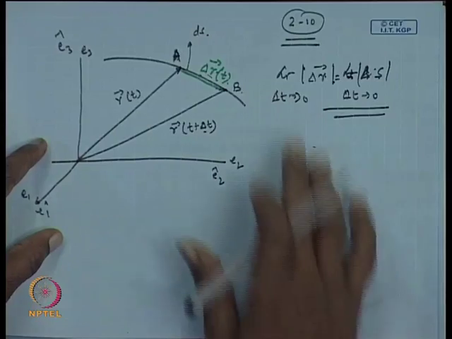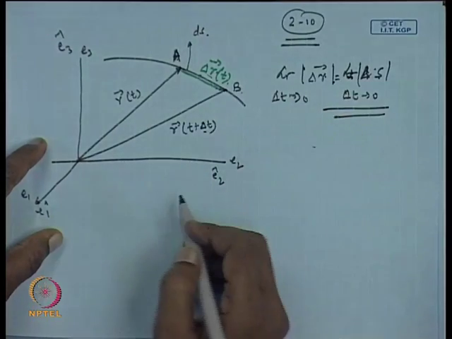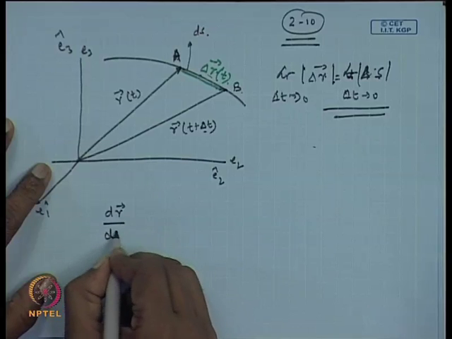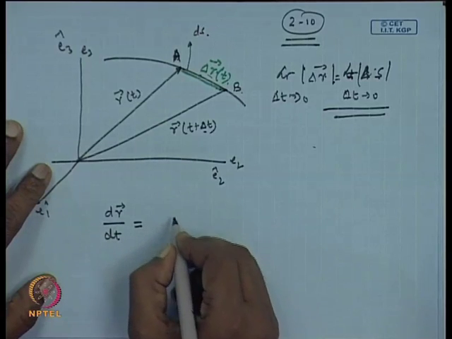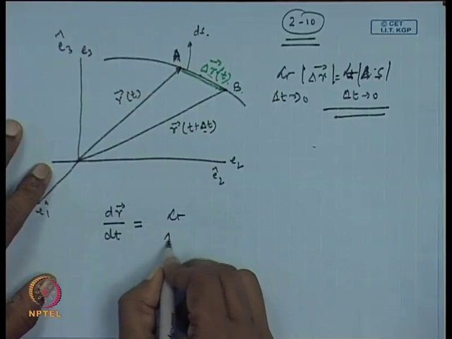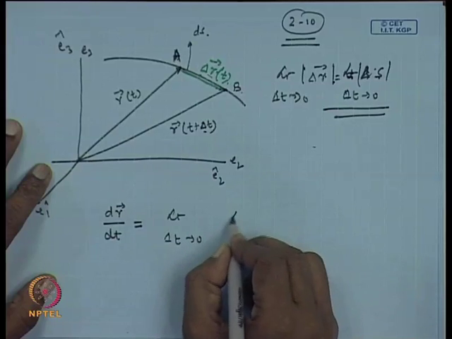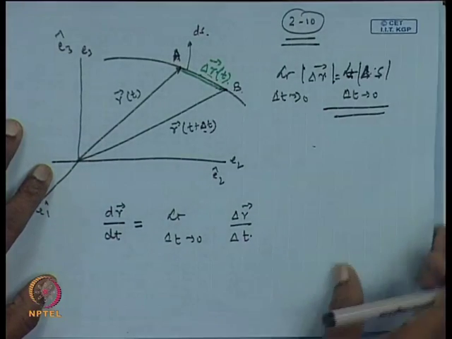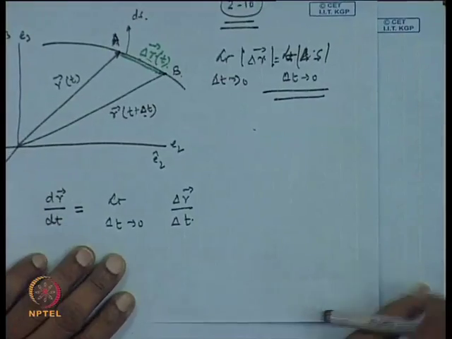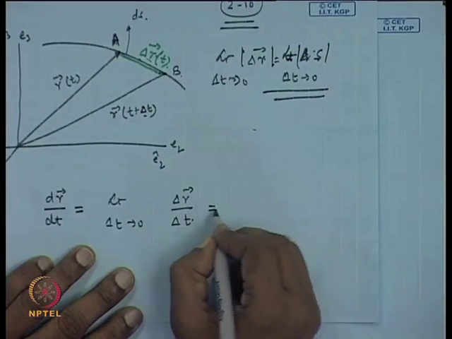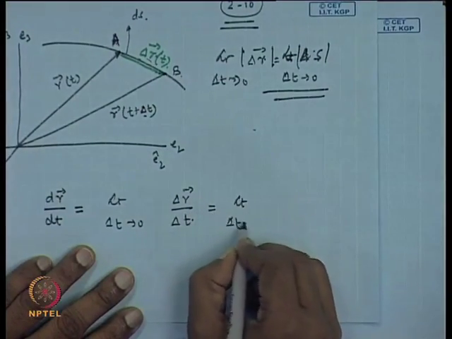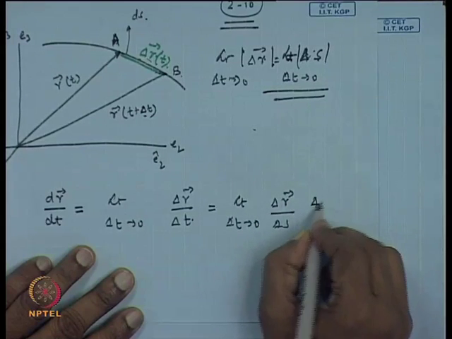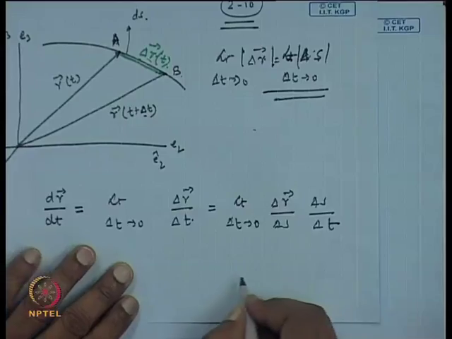Okay, so, this is magnitude wise what we are writing here. Now, dr by dt we can write as limit delta t tends to 0 delta r by delta t. Okay, so, this can be written as limit delta t tends to 0 delta r by delta s times delta s by delta t.